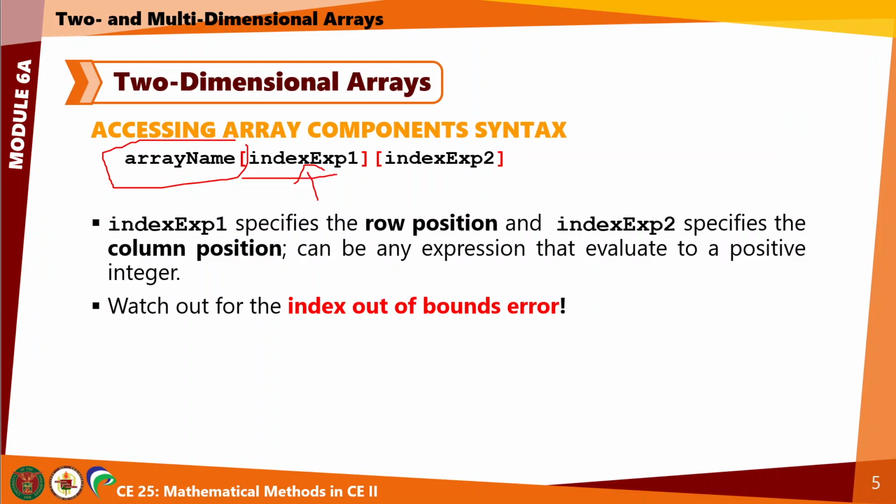Sa first is yung index ng ating row, sa second is yung index ng ating column. Again, itong mga indices na to should be 0 or positive integer. And just watch out sa ating index out of bounds na error. For example, meron kang 2D array na 9 by 5 yung components, 9 rows, 5 columns, pero nung gusto mo yung nasa 9th row, nilagay mong index is 9 instead of 8, magkaka-index tayo na out of bound na error. Okay? So just be careful with that.